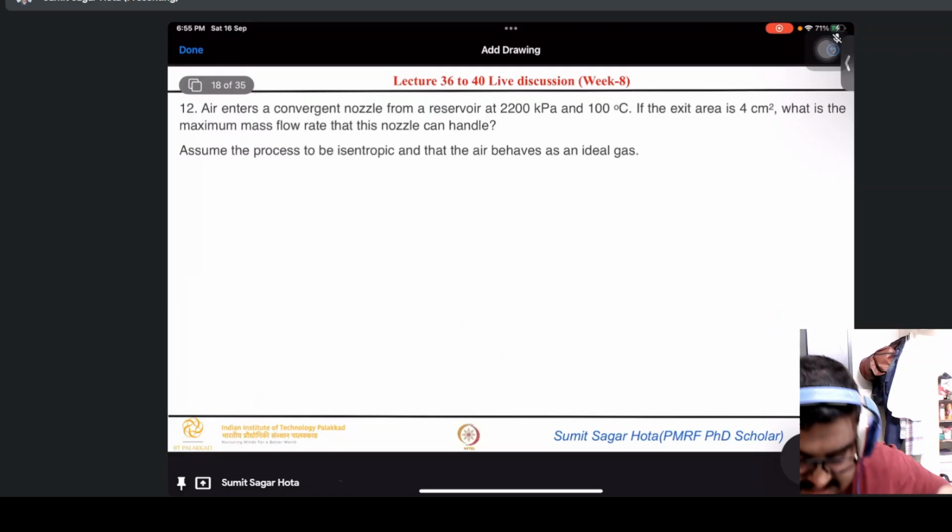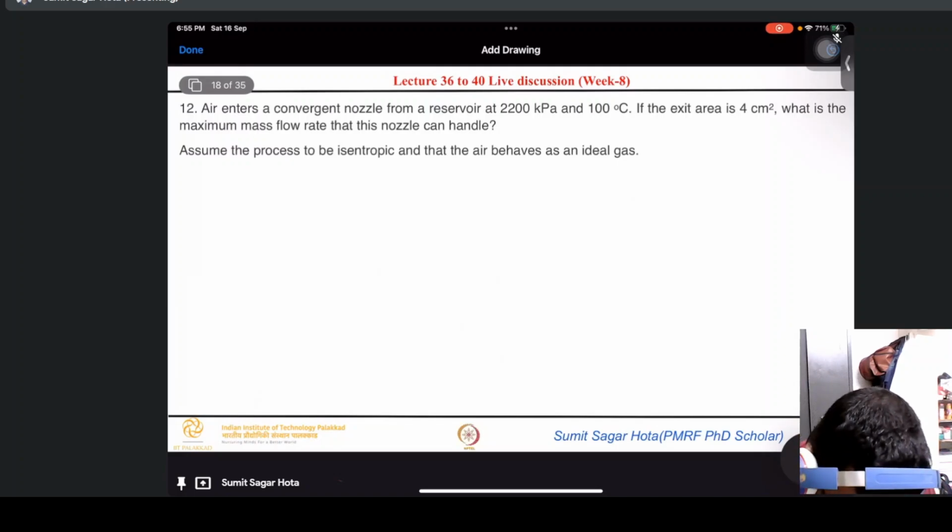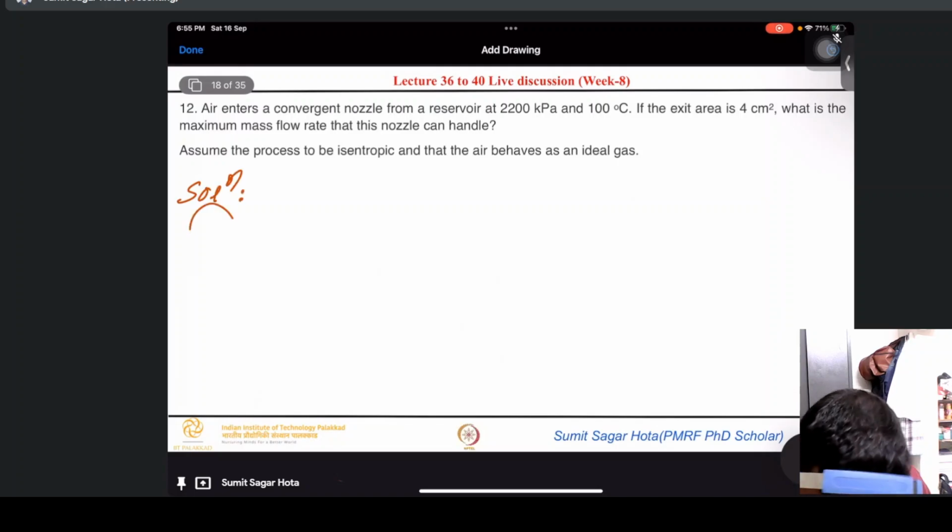If the exit area is 4 centimeters square, what is the maximum mass flow rate that this nozzle can handle? Assume the process to be isentropic and that air behaves as an ideal gas. First, you draw the diagram. This is your reservoir and this is your nozzle.